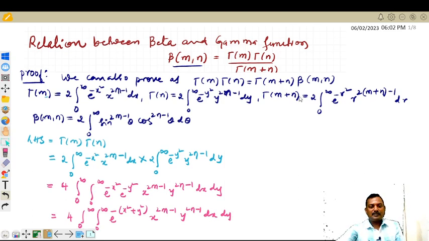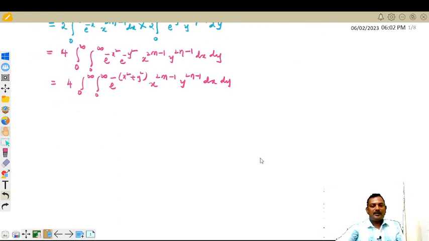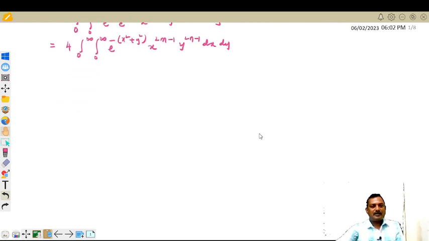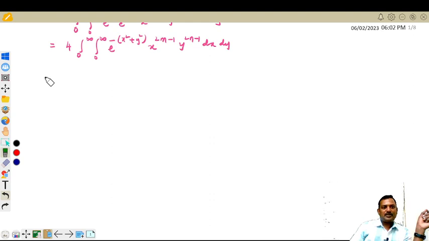Now, what we are doing here, students, look at the exponential power containing x square plus y square.